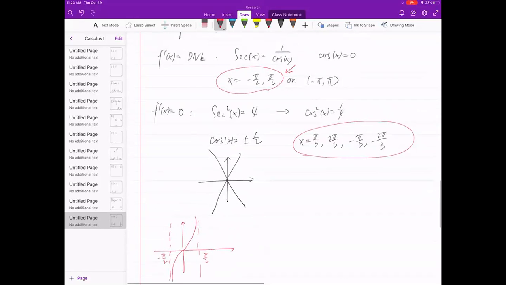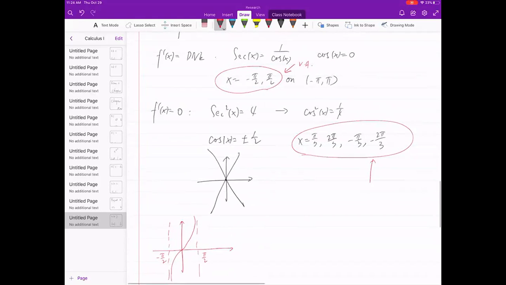So the final answer should be only this. This is not critical. This is a vertical asymptote. So the final answer should be these 4, not the negative pi over 2 and pi over 2.